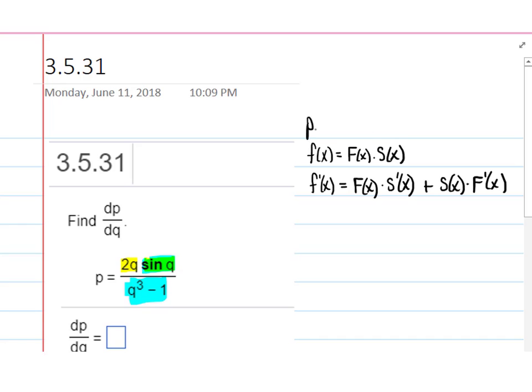This is called the product rule, and it applies anytime you have something with a variable times something with a variable. So in this case, it's actually f of q and s of q. It's functions of q, but the same idea applies.